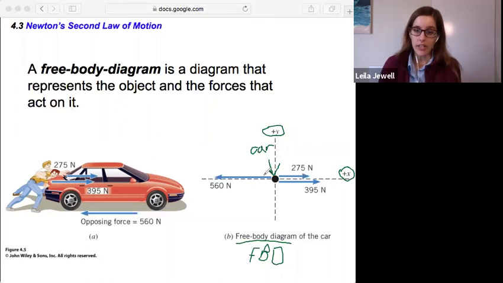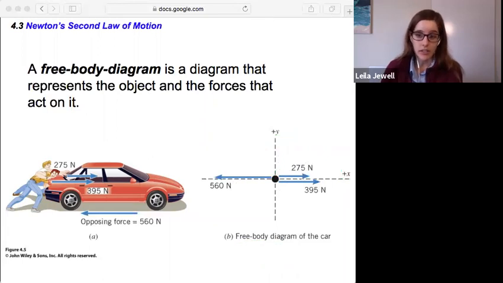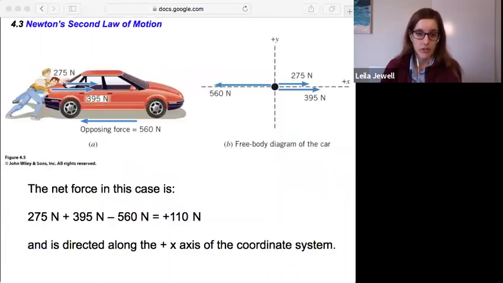And once we've added all these labels in, then we can pay attention to, hey, what would the net force be here with 275 newtons and 395 newtons pointing in the positive x direction and 560 newtons in the negative x direction? Well, that's something we can calculate, right? So we can just take this 275 newtons plus 395 newtons. Those are both positive because they're in the positive x direction.